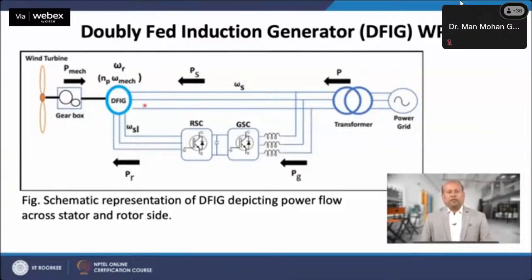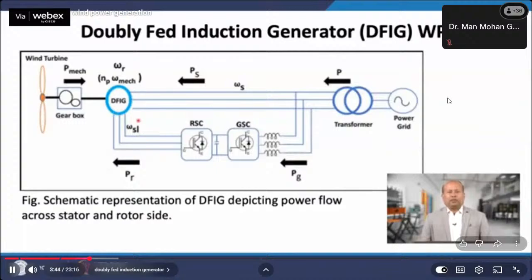Henceforth, it is mandatory that the stator of the DFIG is compelled to operate as per the grid norms. However, this is only possible if the rotor operates at synchronous speed.